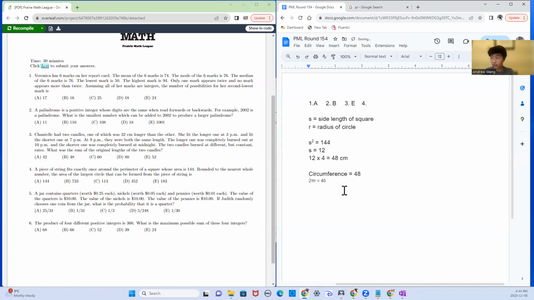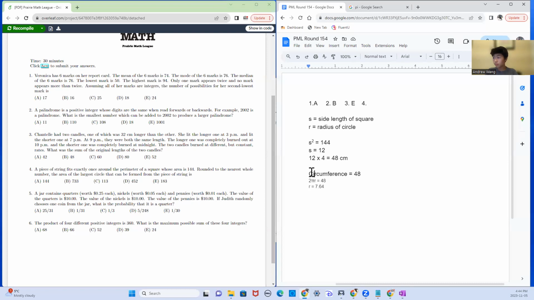That gives us r equals around 7.64. So the radius of a circle with circumference 48 is 7.64.